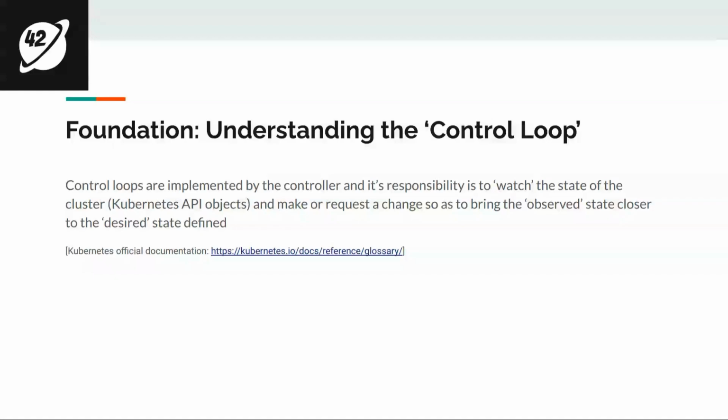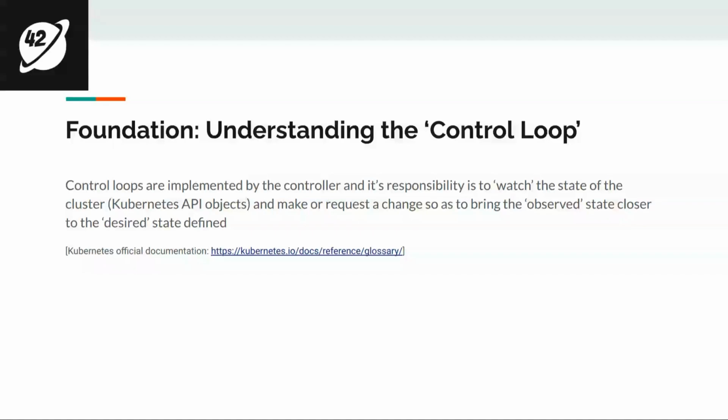But what's the purpose of it, right? The purpose is that as and when the state change happens, a control loop would actually try to reconcile it with the state that is actually being observed in real time in that very cluster.